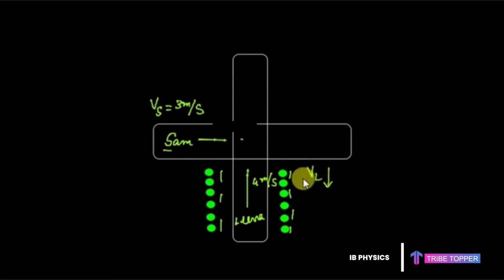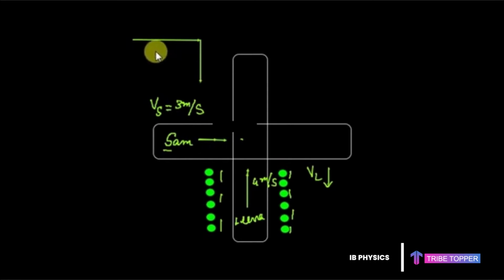And so here in this picture you can see that the trees are going down, so Lena is going up, and Sam is though coming towards right, but for Lena, he's not just coming to the right, he's also coming a little down. So we would look at this with a view that Sam is going like this, and for Lena, we would say the velocity of the trees appears to her along this direction.